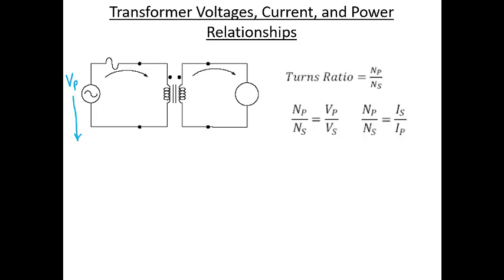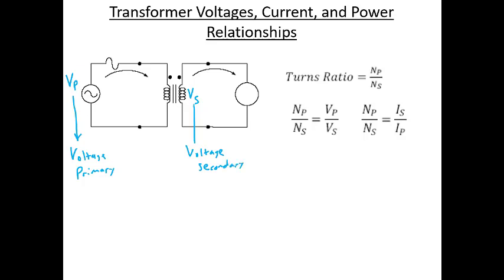For this class, for transformers, this is the voltage of the primary, which is the supply voltage. The VS, that would be the voltage here, which is the voltage of the secondary.